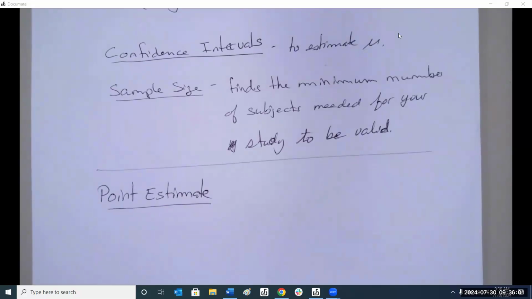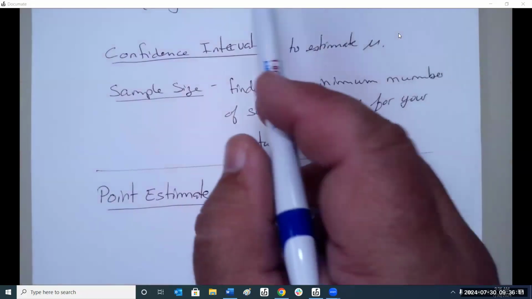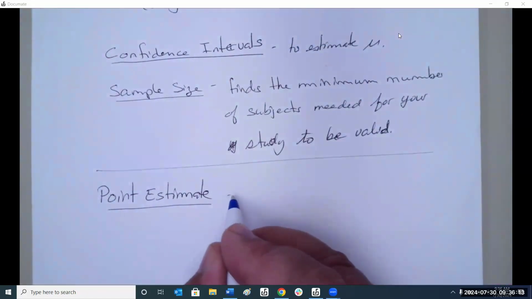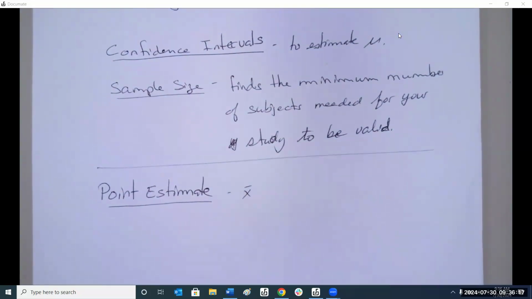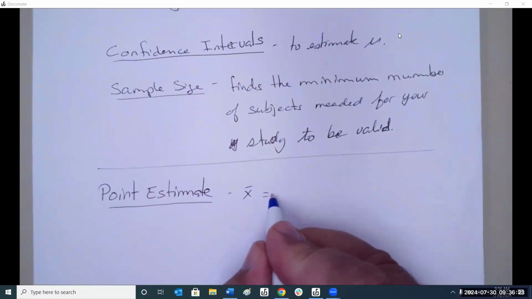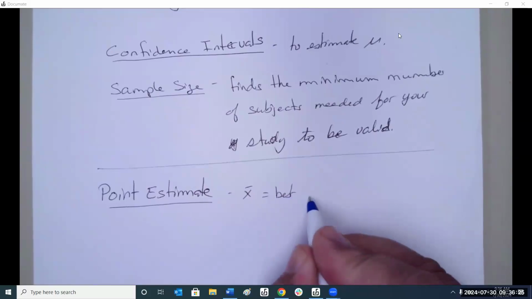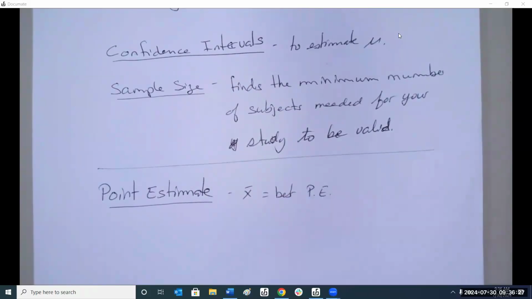So the number we use as a point estimate has to be the most logical choice. And that's why I said earlier that the sample average is the best, because it takes whatever we have for a sample and goes from there. So, best point estimate.